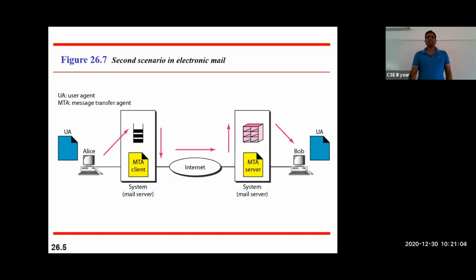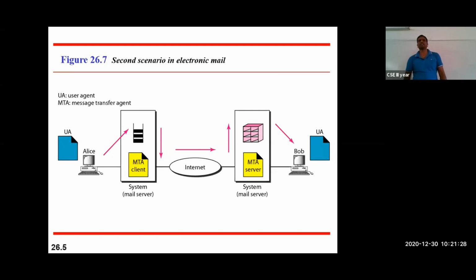A mail transfer agent will send this envelope, the letter or the electronic mail, from the sender to the receiver, or from the client to the server. So we will have two mail transfer agents, one on the sending side, one on the receiving side. Two user agents, two MTAs, mail transfer agents.